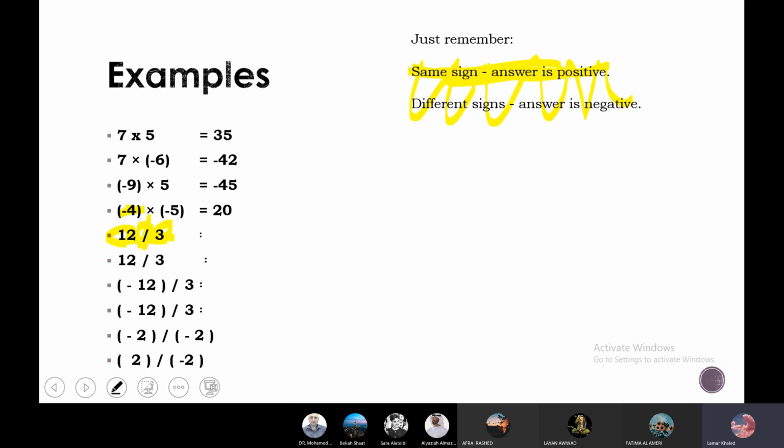Same signs is positive and different signs are negative, so it will be 4. Here is a repeated question: negative 12 divided by 3. I think minus 4. Yes, because we have different signs.